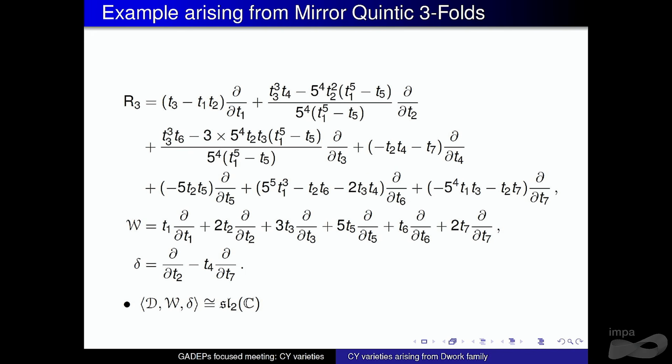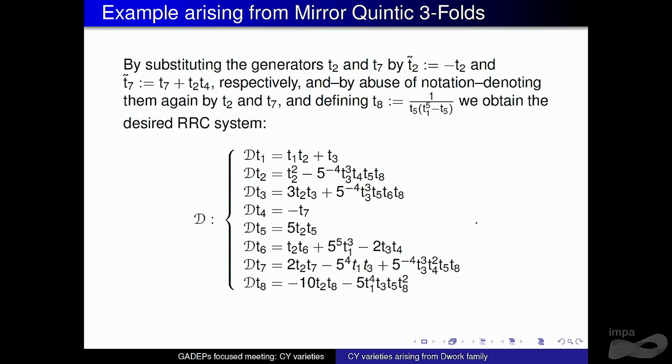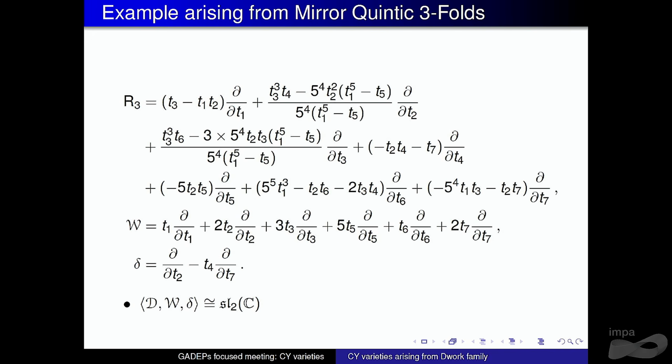So the idea is that we can write it as an RRC system. And actually we can, if we consider, instead of T2, minus T2, and instead of T7 plus T4, we call this one T7 tilde. Since I want polynomials, and if you look here we have these divisions, I'm considering this division as a new variable.